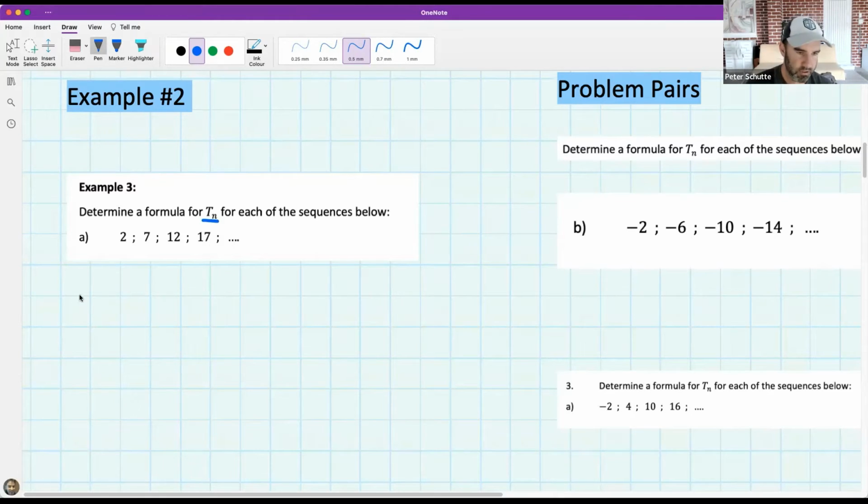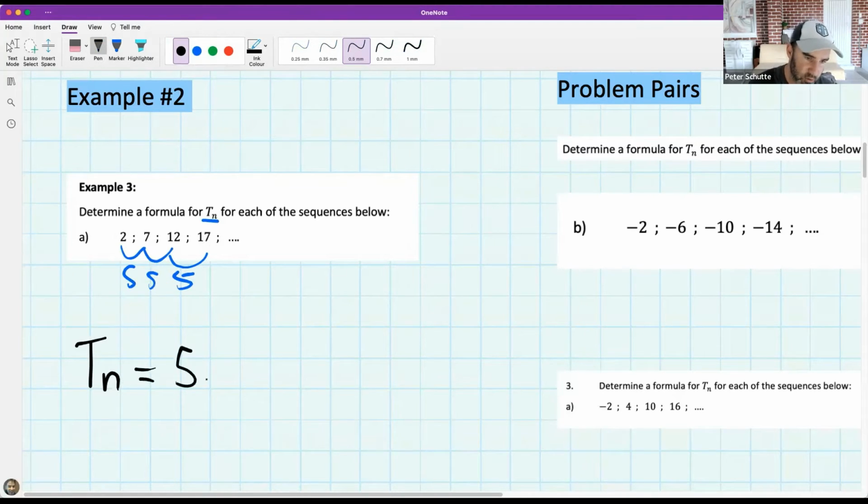So what we're going to do is we're going to say, what is the step size? It says we're going up in 5s. And so based on the method from before, we write down Tn equals 5n, where the 5 is the step size. Now I ask myself, I need to get to 2 as my first term.